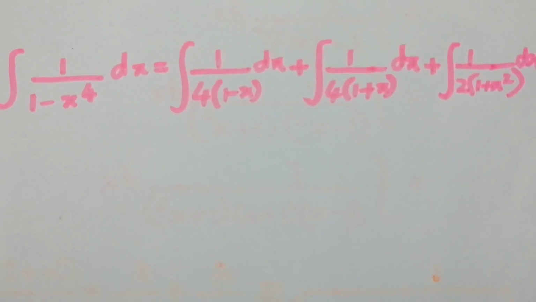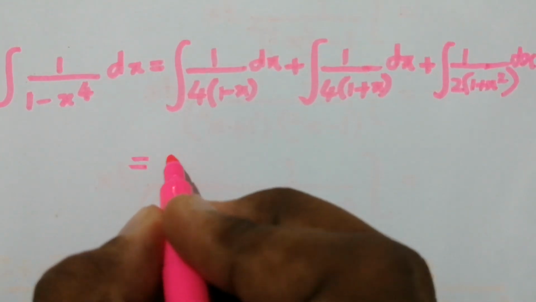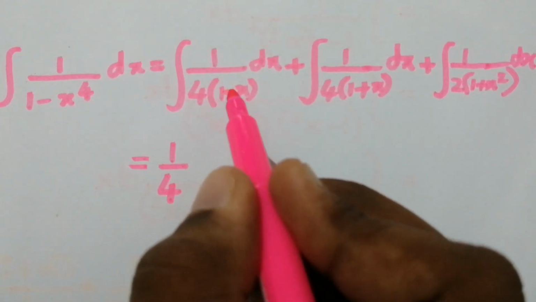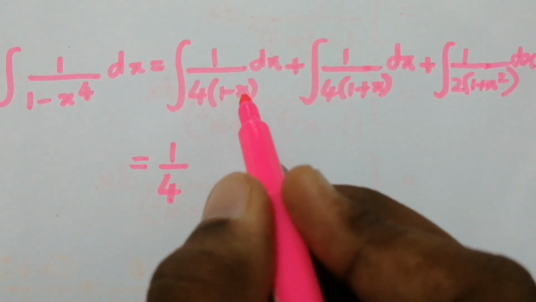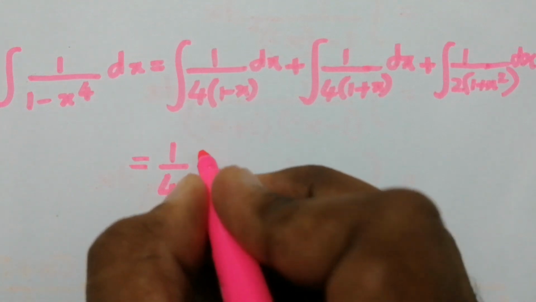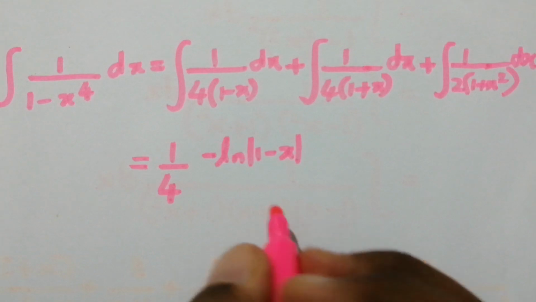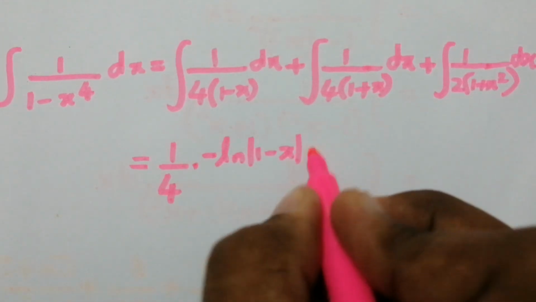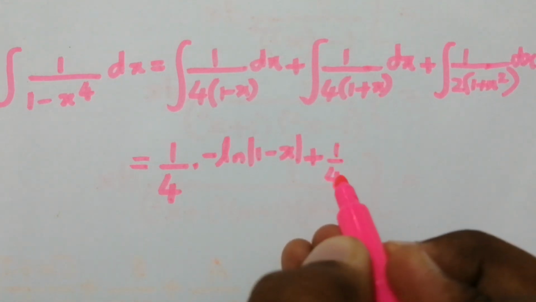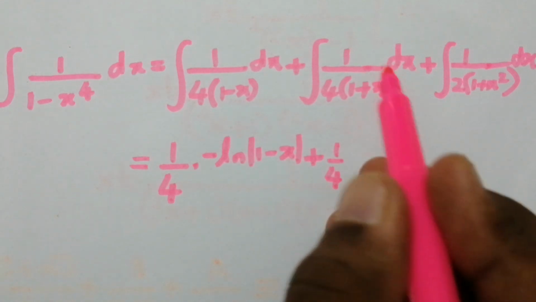Now it is easy to integrate. See, if I take 1 upon 4, the constant, out, here the derivative of 1 minus x is minus 1. Then I can write it as minus ln of 1 minus x. It is okay now? Plus, here if I take the constant 1 upon 4 out, the derivative of 1 plus x is equal to 1.